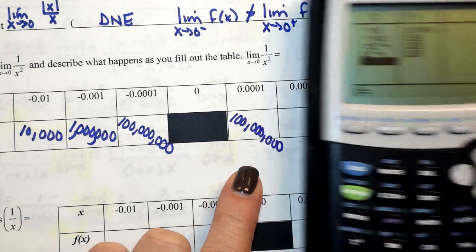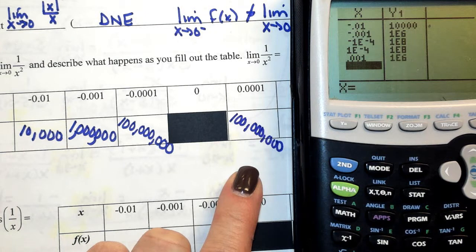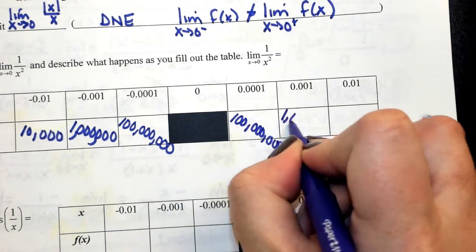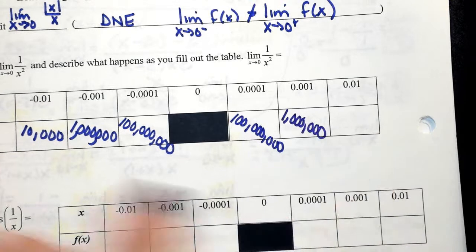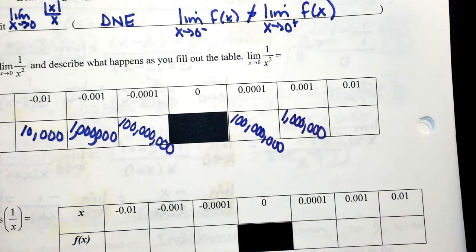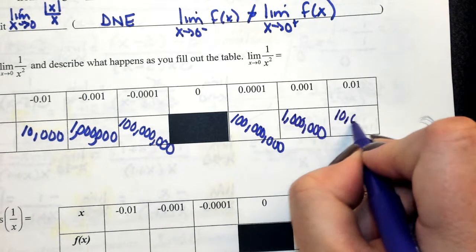If I plug in 0.001, I end up with 1 million. And if I plug in 0.01, I end up with 10,000 again.